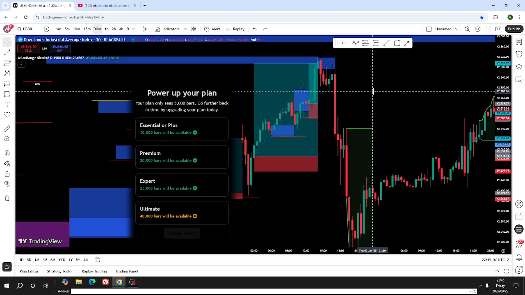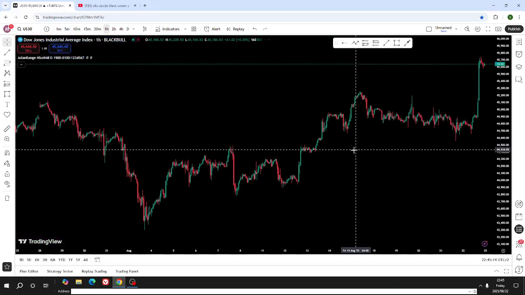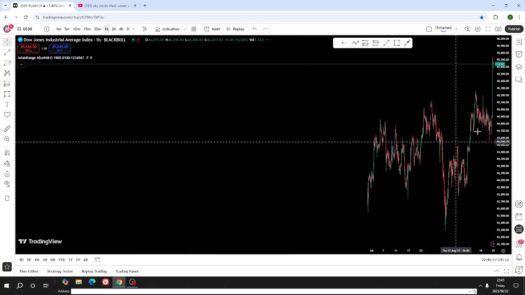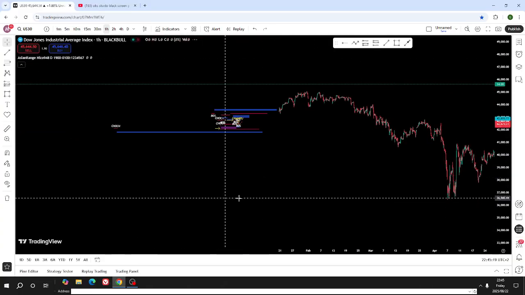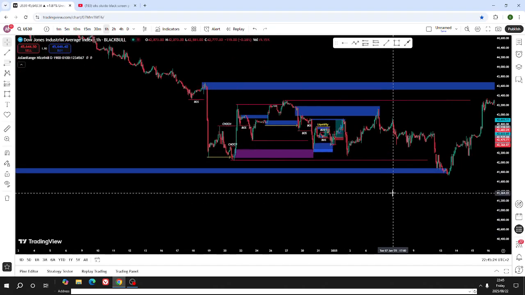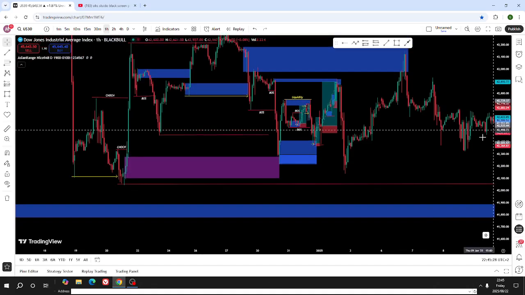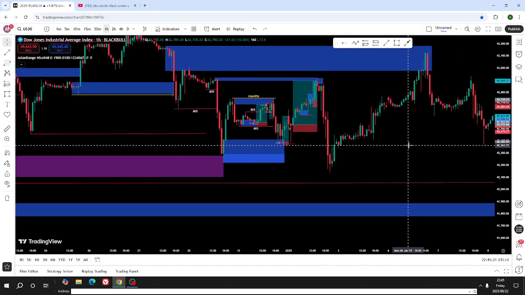So let's go to 1 hour. Let's see what happens right there. As you can see on 1 hour, our situation on 30 minutes, we see an order block.